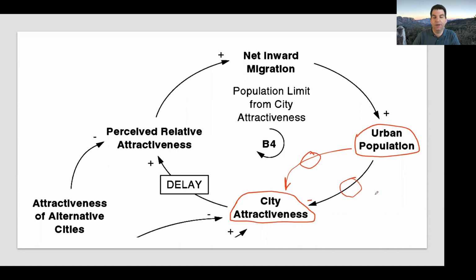So you could imagine a bunch of different variables which all relate to urban population that all have a negative impact on city attractiveness. And you could just come up with some index, and that city attractiveness might be new infrastructure minus density minus traffic congestion minus pollution.